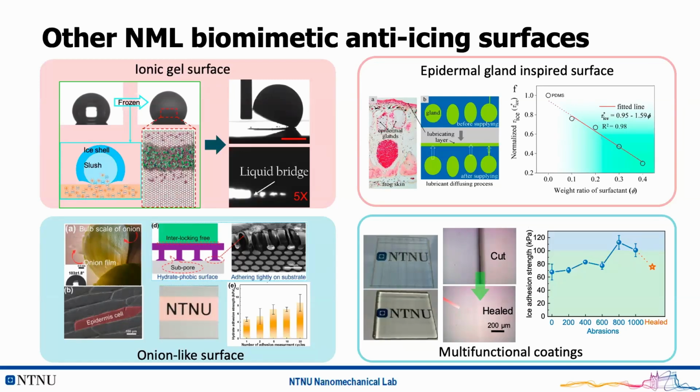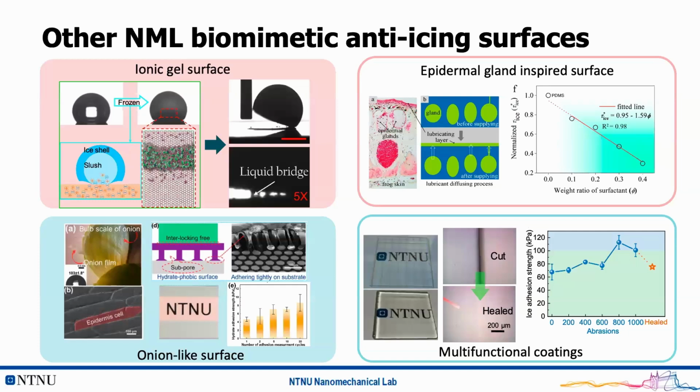And also this epidermal gland inspired surface, which contains lubricant inside the material, can well reduce the ice adhesion. Or the onion-like surface, which has cells and also this porous structure. And it further confirms our macroscale crack initiator mechanism to lower the ice adhesion.